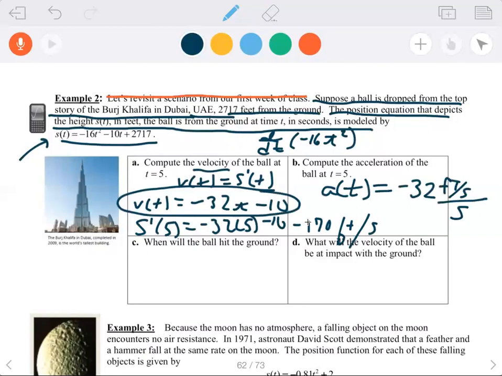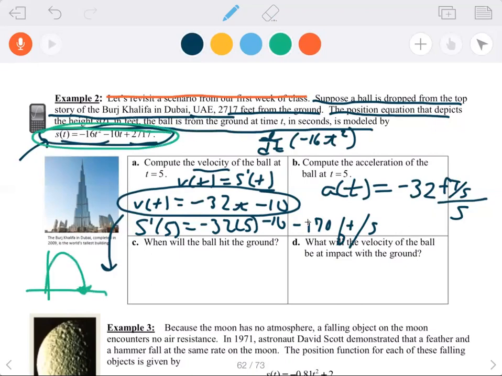When will the ball hit the ground? Well, it hits the ground when its position is 0. So we're going to have to take a look at when the position is 0. And this can be solved using your calculator. So what you would have to do is graph the s of t on your calculator, and you're just going to do a calc zero where it hits the ground.